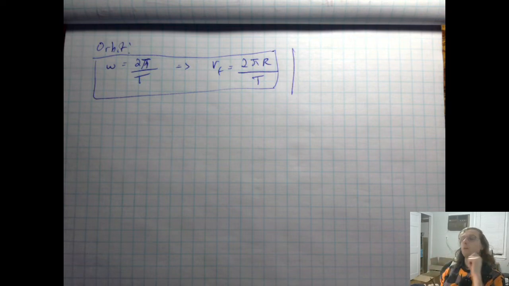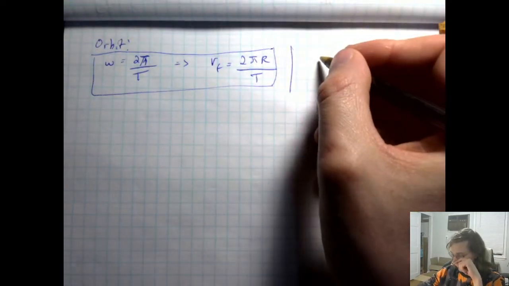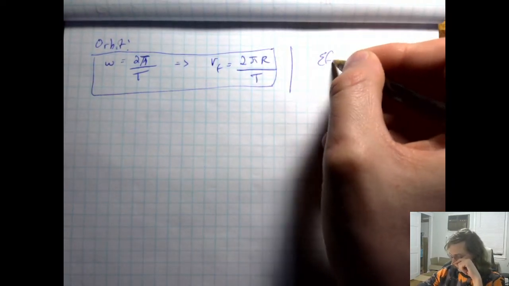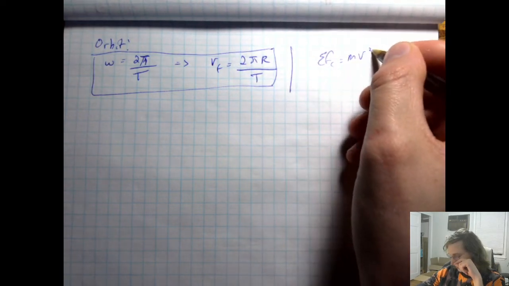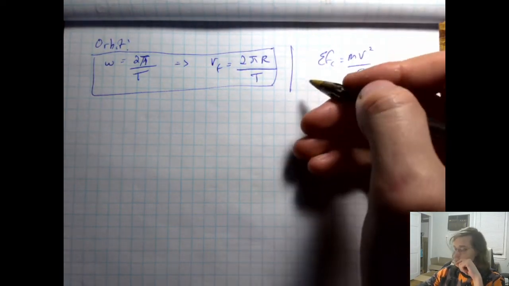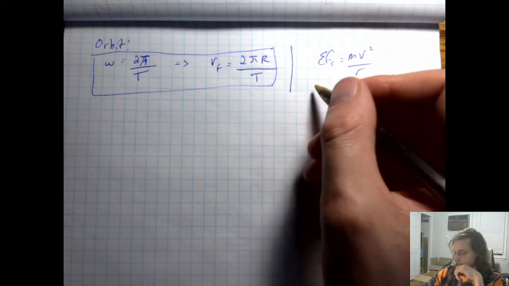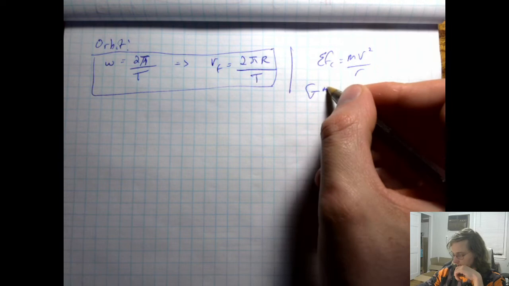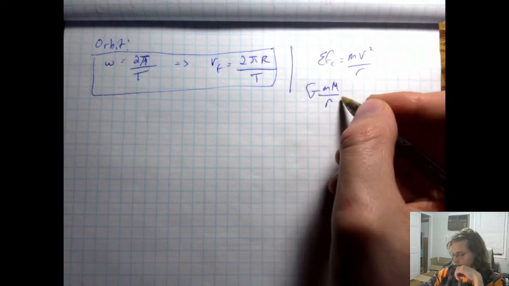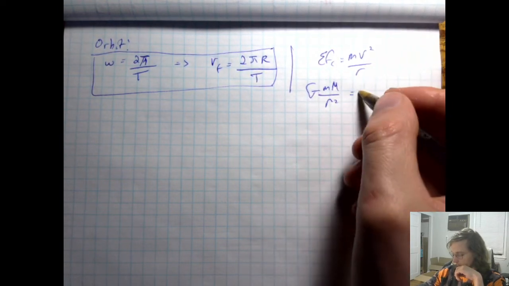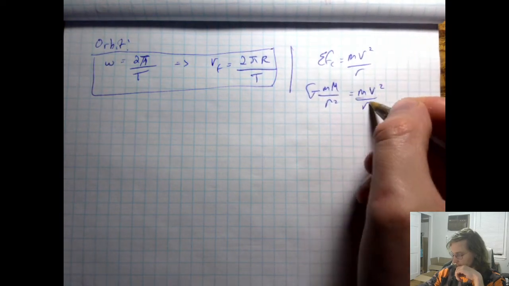Great. So for our next idea: if something's moving in a circle, the centripetal acceleration that it has will be equal to the centripetal force, so mv squared over r. Well, that centripetal force, if it's gravity, is going to need to be equal to GMm over r squared, which is equal to mv squared over r.